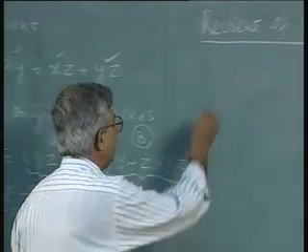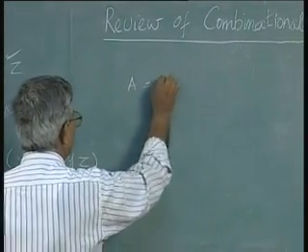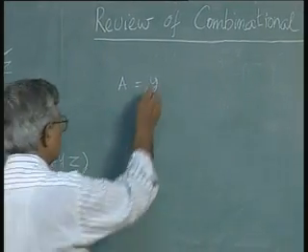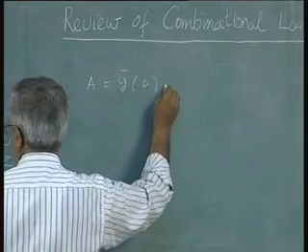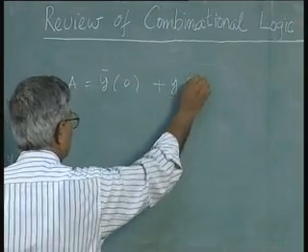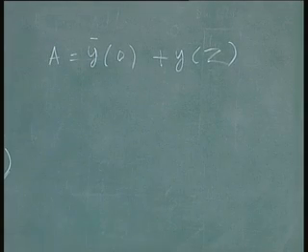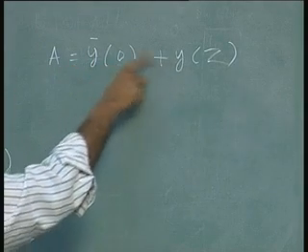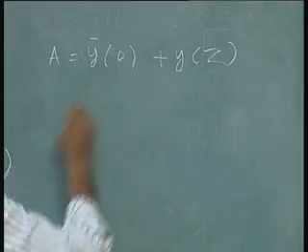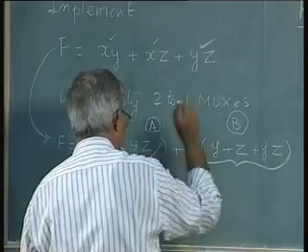So, I am going to write a as y bar 0 plus y z. Is this right? Right, because a is nothing but yz, so it is y bar 0 which is 0, plus yz. So, this term is taken care of completely.